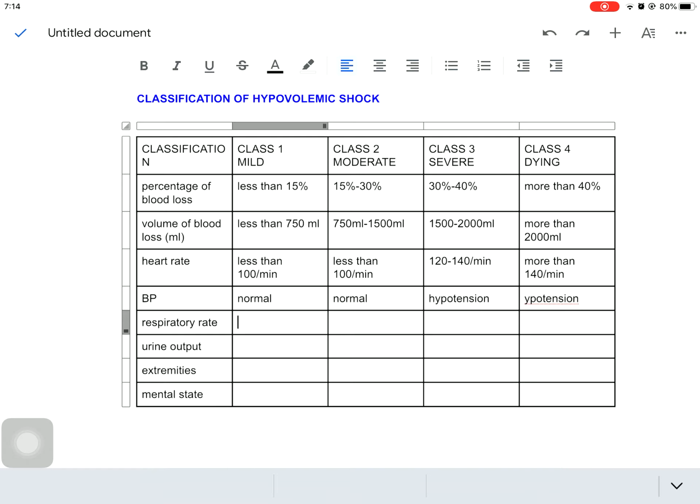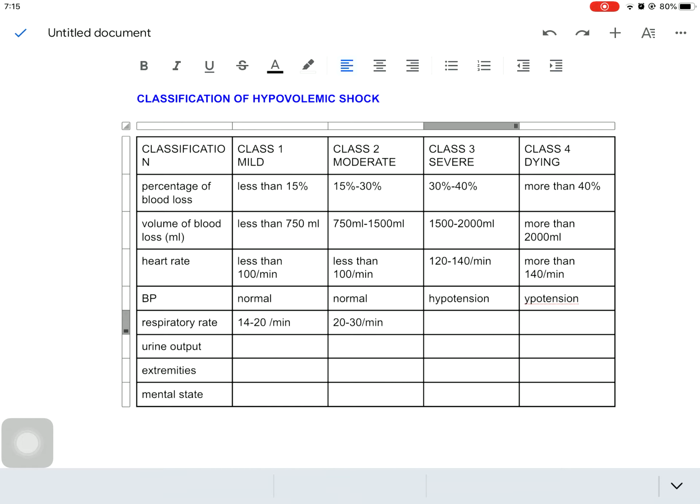And then we're going to see the respiratory rate. For class 1, usually they have a normal respiratory rate, about 14 to 20 breaths per minute. For class 2, they are slightly tachypneic, about 20 to 30 breaths per minute.